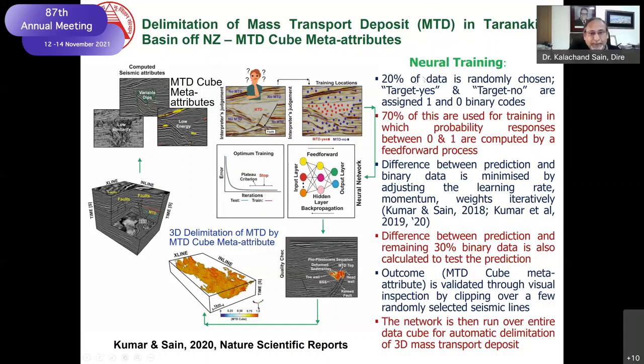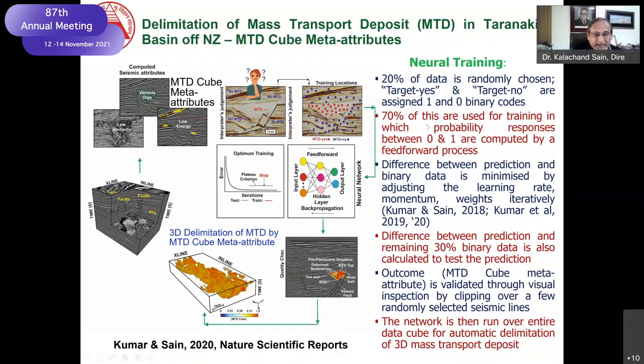So out of 20% data, for the training we have used 70% data, and for the remaining 30% we have seen how the machine has predicted, and for that we see the validation of whether the machine is going to predict in the right direction or not.